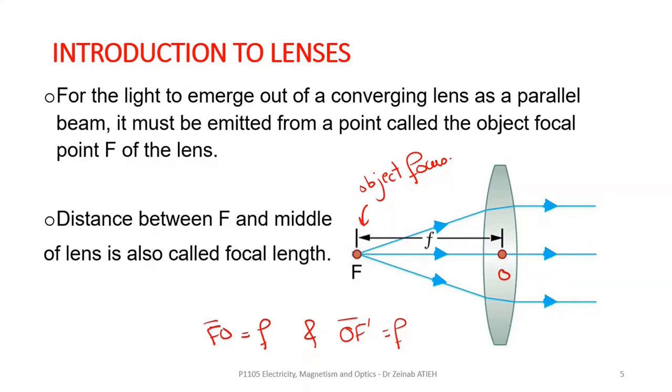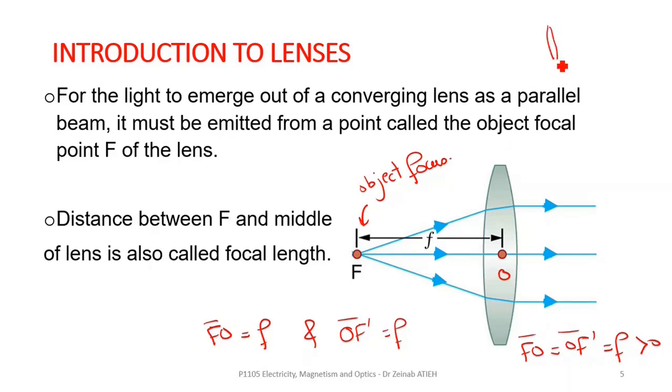Even FO equals OF prime, simply because the lens is symmetrical. It doesn't have a left and right side that differ; both sides are the same. So FO equals OF prime equals f, and f is positive, because my object focus is real and my image focus is also real for a converging lens. So there is no problem.